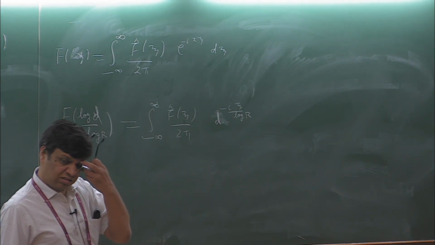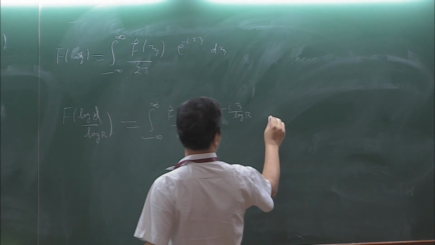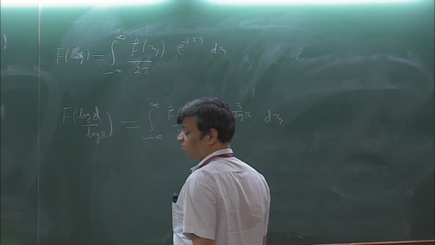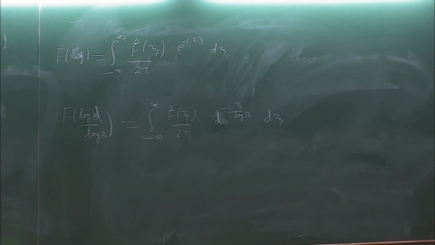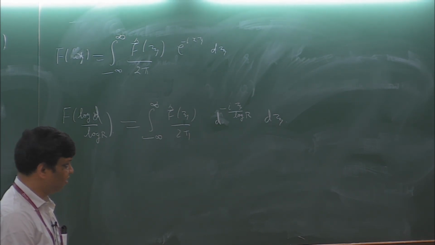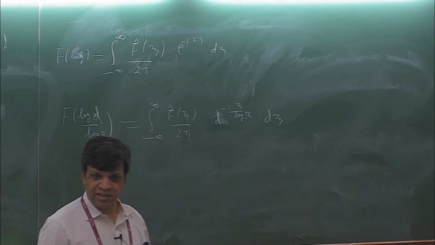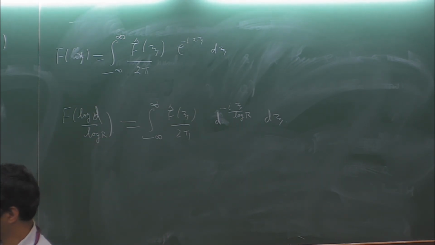Then you can interchange the sum, and this is 1 by d to the power 1 by log R, which is for a technical reason. So 1 plus i xi by log R, and so alpha at the primes will behave like 1 by p.